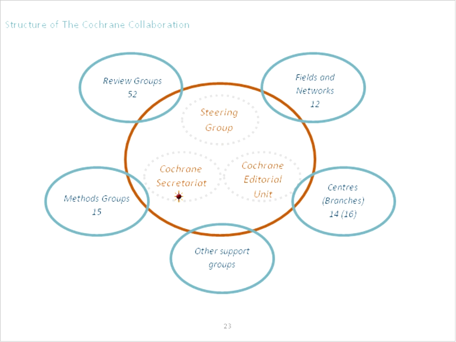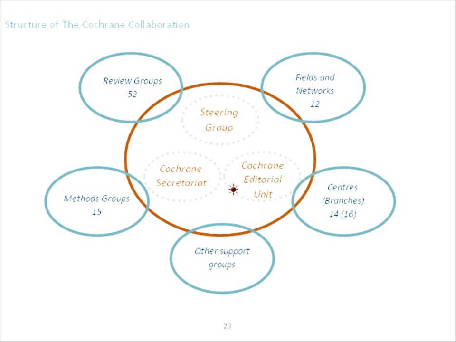We have a secretariat, and that's the administrative office of the collaboration. They support the work of the steering group and its subcommittees. They manage central finances. They facilitate communication for the collaboration, and it is currently led by the Chief Executive Officer of the collaboration, Nick Royal.